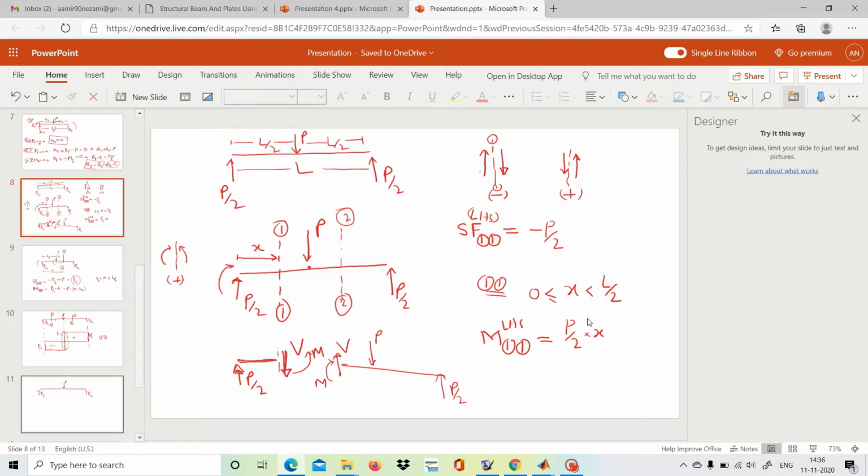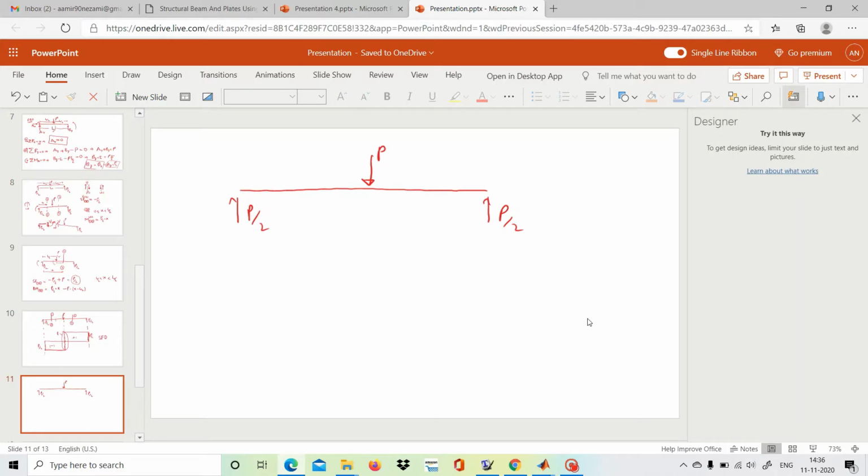So now P by 2 into X, and X is varying from 0 to L by 2 for section 1-1, and for section 2-2 X is varying from L by 2 to L.